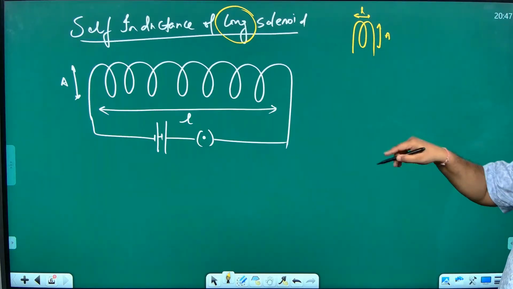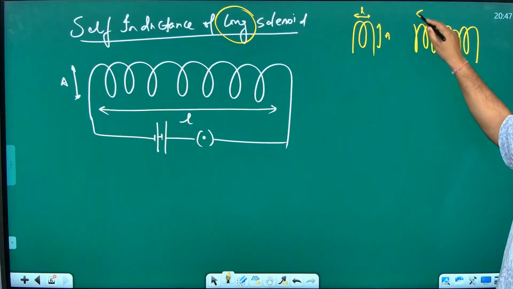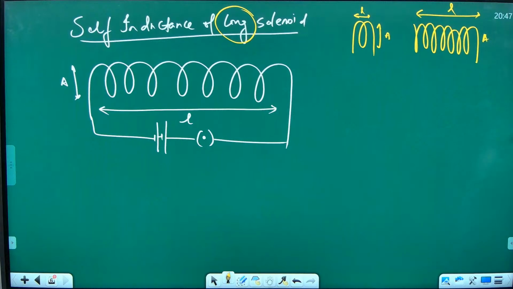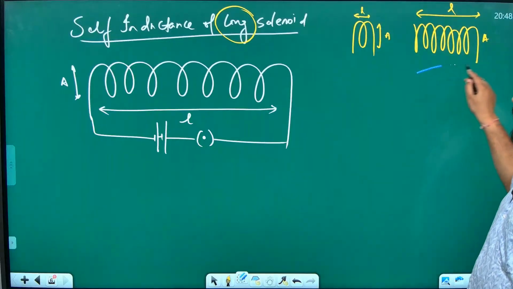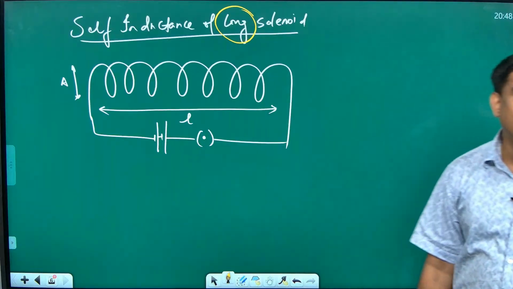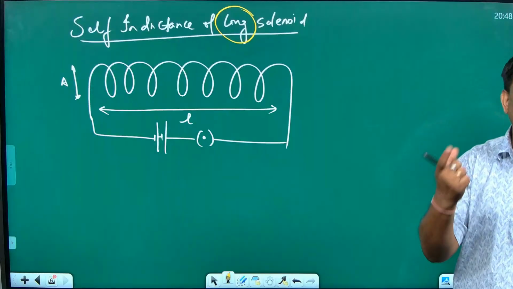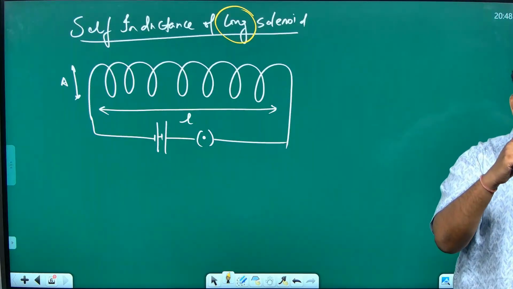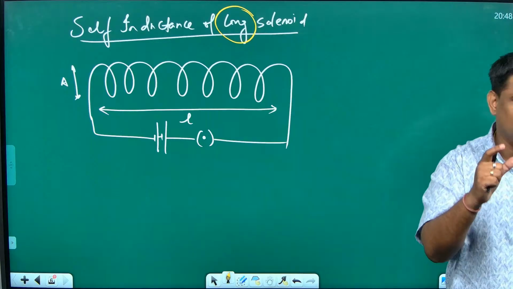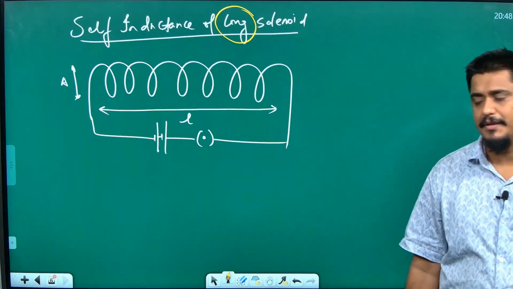Always for a long solenoid, the length of the solenoid should be much more than its area of cross section. Then only it will show the magnetic field value as mu naught Ni. So, if you want to make a coil behave as a solenoid, you should make its length bigger than its area of cross section. Diameter you can compare, diameter and the length. L should be much more than the diameter. Coming back.